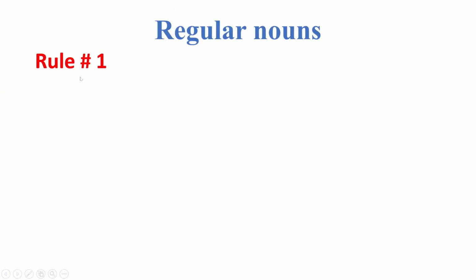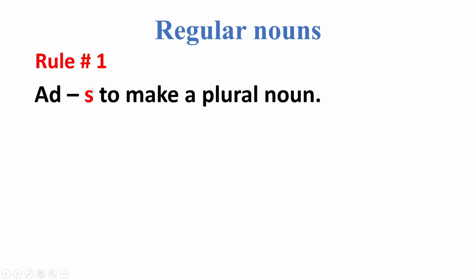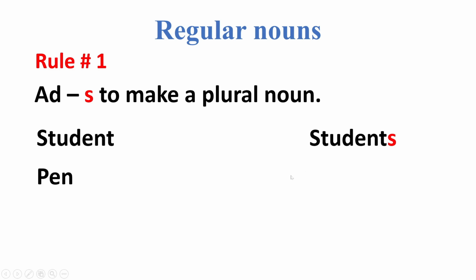Rule number 1, add s to make a plural noun. It means generally we add the letter s at the end of a noun to make it plural. It's very easy. Let's see these examples together. Student, which means one student. Students, which means more than one student.